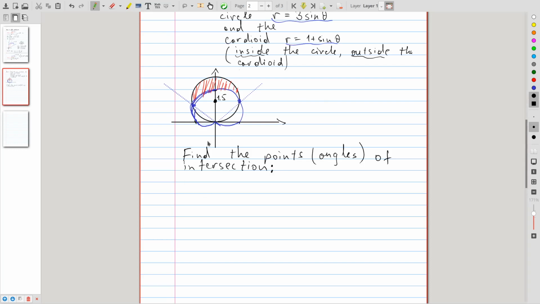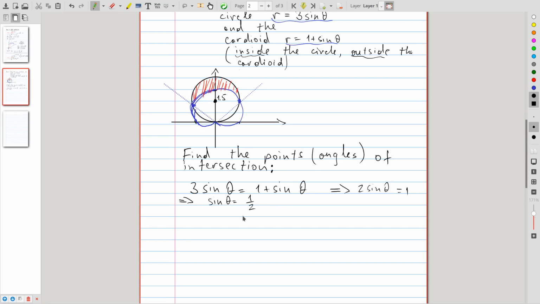And so, as I said, we would like to equate the two r's. So we have 3 sine theta equals 1 plus sine theta, which means that 2 sine theta equals 1, which means in turn that sine theta must be 1/2.